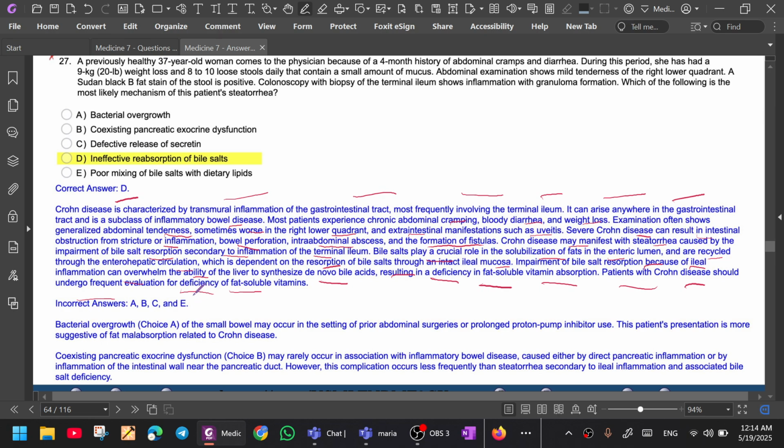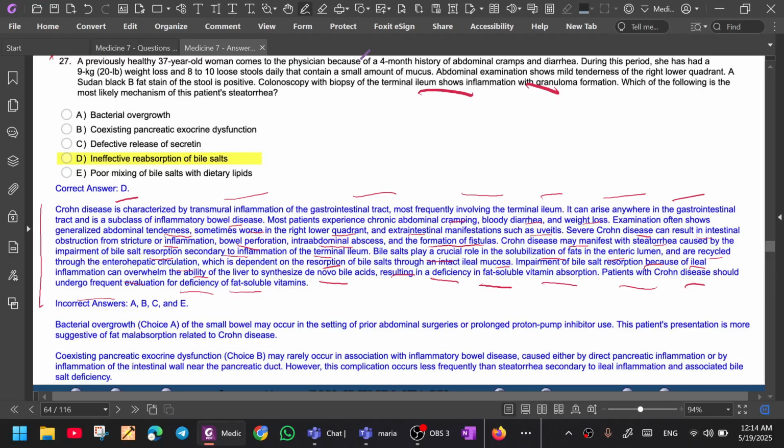I don't understand. Can you read the relation? Sorry, what did you say? I don't have a clue. I think here the key was the granuloma formation. Crohn's causing granuloma. Do you remember Crohn is one of the non-granulomatous? I think the confusion here was the fat Sudan thing, because with Crohn we are used to bloody diarrhea.